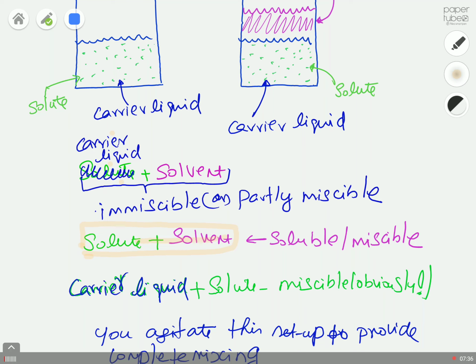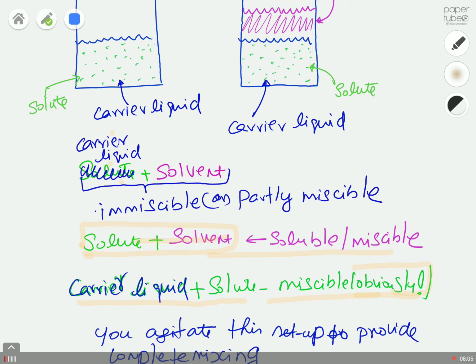Solute is the product that we want to separate from the carrier liquid or from the feed mixture, and this solute and solvent should be completely miscible. And then your carrier liquid and your solute should be miscible. This is stating the obvious. That's why I wrote it here.